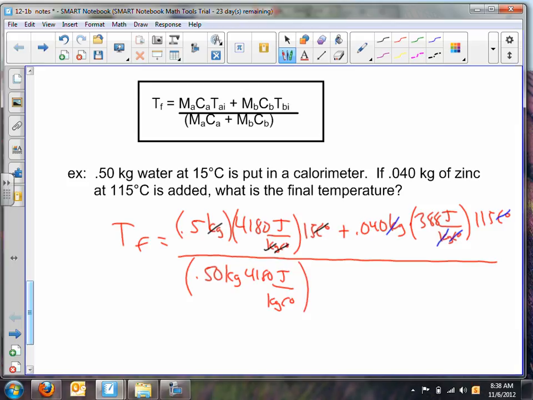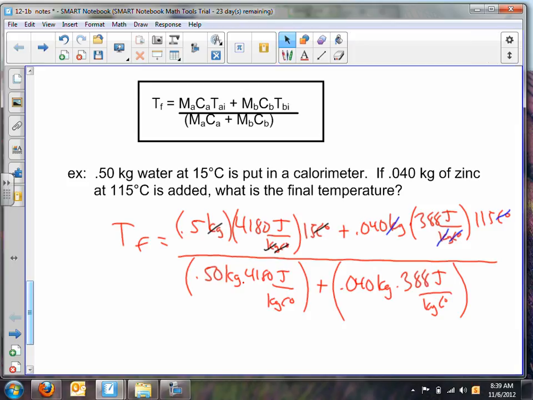Make sure you multiply those together, plus the second one, 0.040 kilograms times its specific heat, 388 joules per kilogram Celsius degree. Kilograms cancel out here, kilograms cancel out there. I now have joules on the top divided by joules over Celsius, so they're going to cancel out here, and I'm left with degrees Celsius.